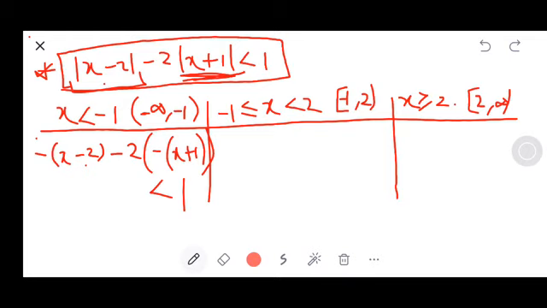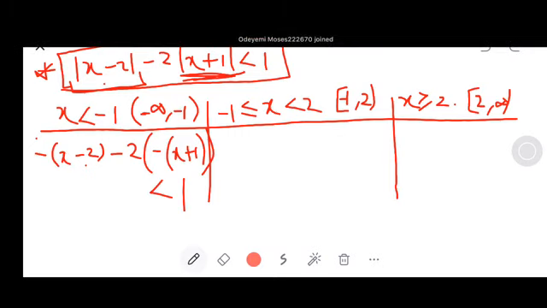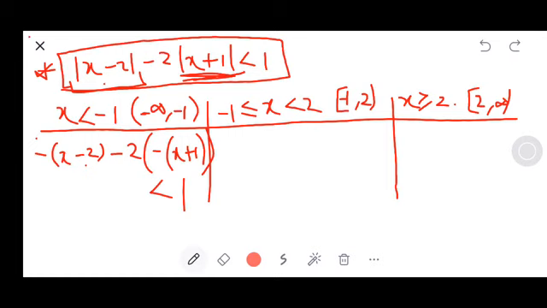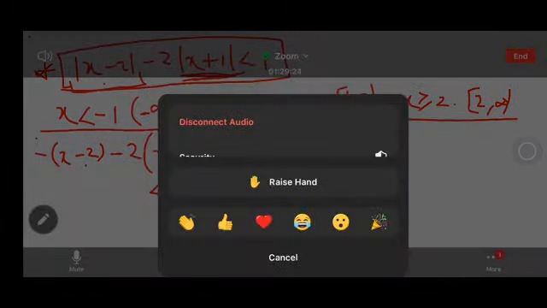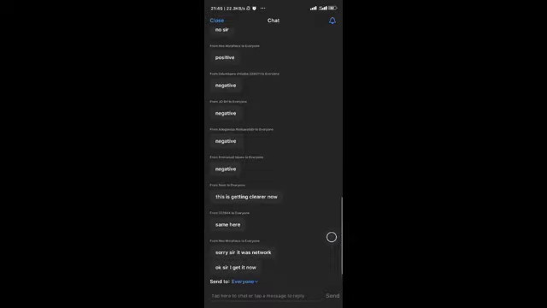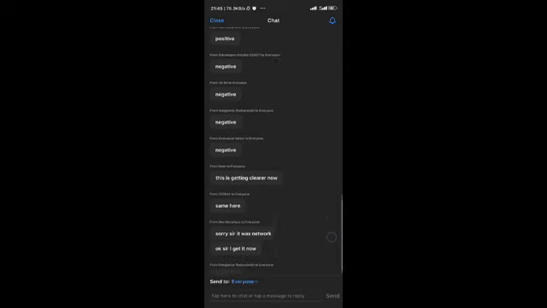For the absolute value of x minus 2, will it be positive or negative? I want people's answer in the chat room.